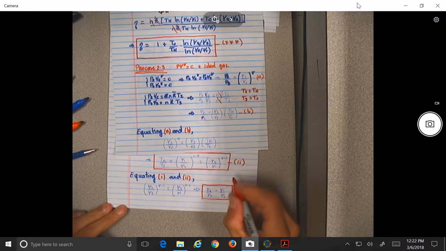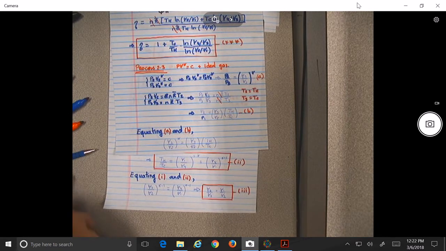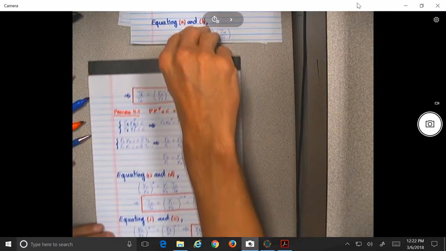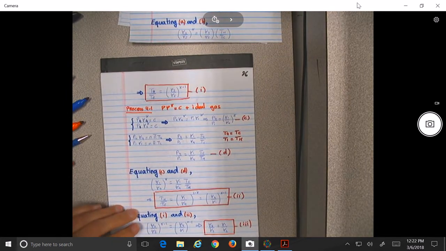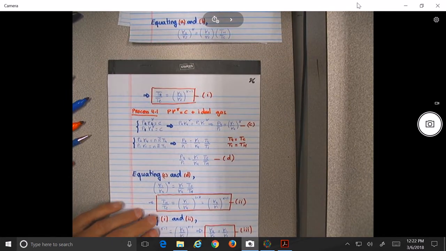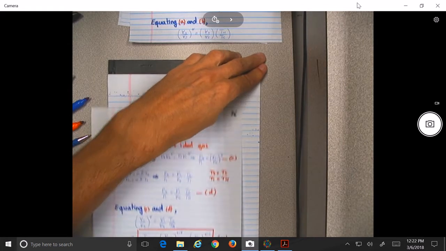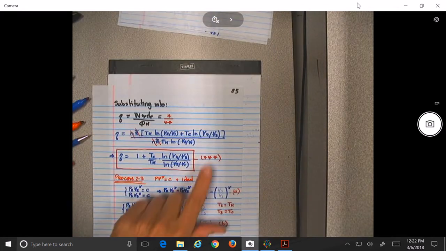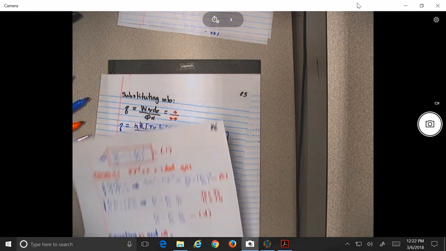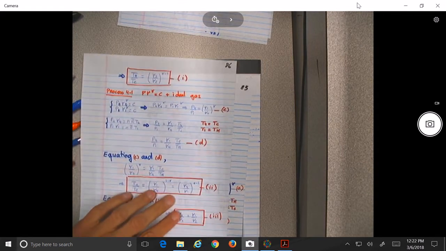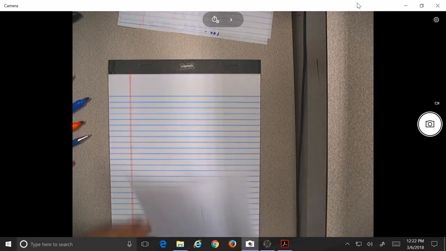Okay, so let's call this one 3. It's almost there. So we're going to say combining triple star and relation 3, okay? Hopefully it will be done.